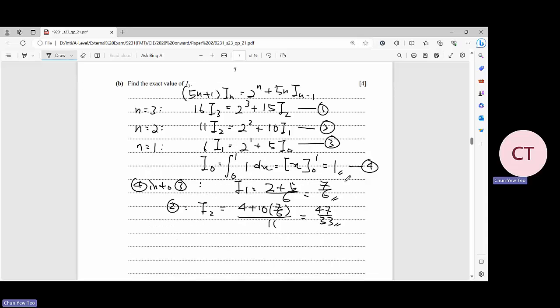Then lastly, from equation 1, you get I3 equals 8 plus 15 of I2, divided by 16. Then you press a calculator, you get the answer. My answer is 232 over 176. Done. That will be the answer for part B.